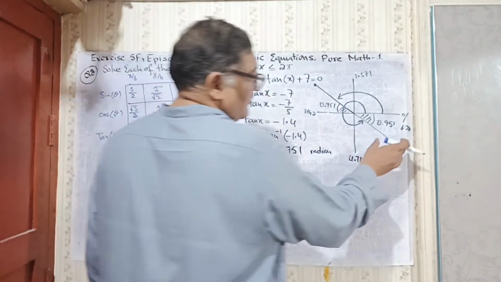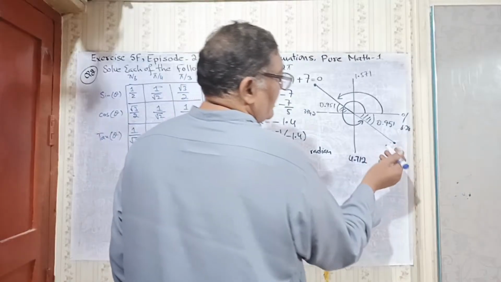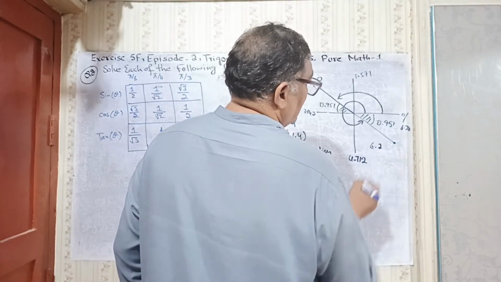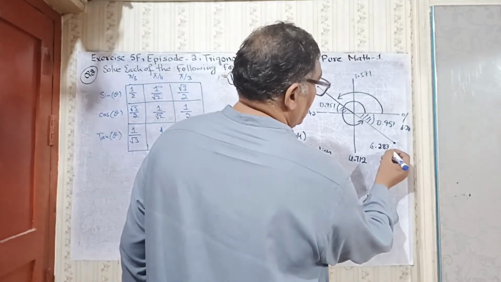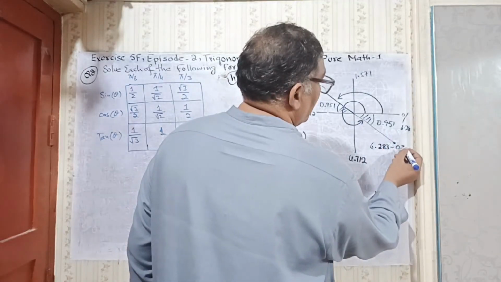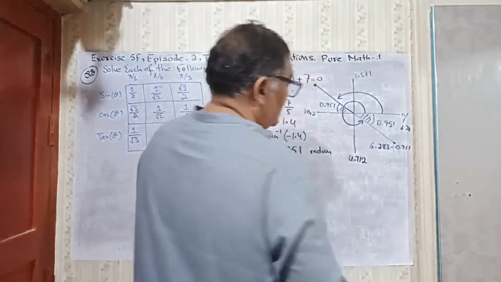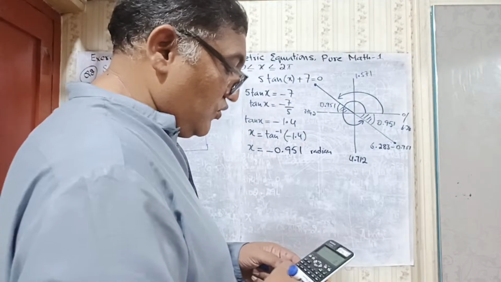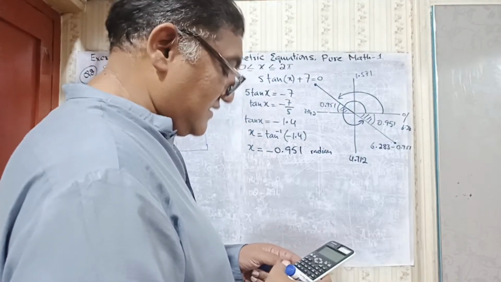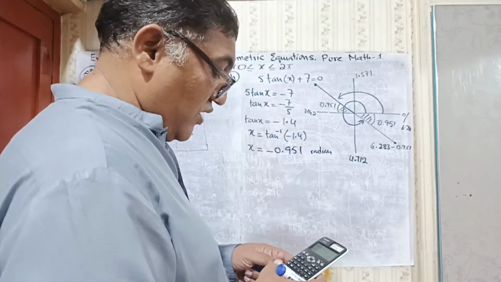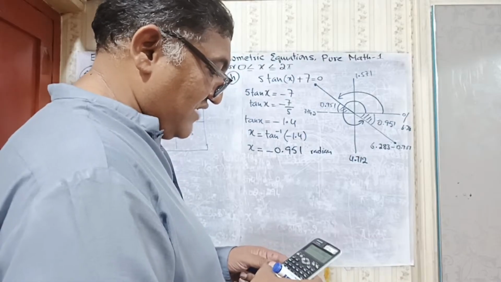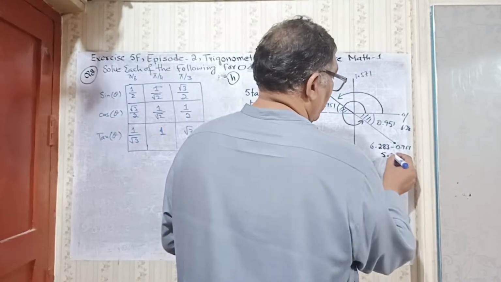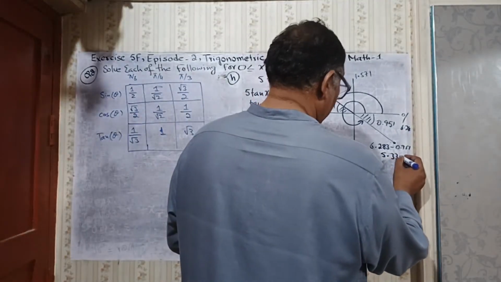The angle in the fourth quadrant will be 2 pi, that is 6.283, minus the base angle 0.951. It will be 5.332.